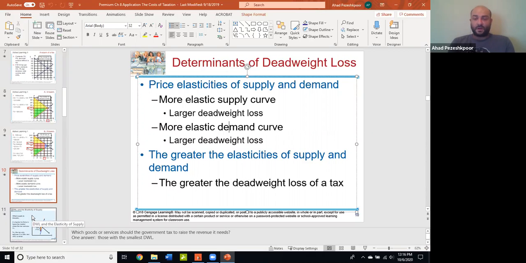But if you're a software programmer, and the government suddenly puts a tax on, let's say, video games, you'll quickly move towards designing antivirus or security software. Your hands are not really tied, you're elastic, so you could change your supply. A more elastic supply curve would lead to a larger deadweight loss. The greater the elasticity of supply and demand, therefore, the greater the deadweight loss of a tax.